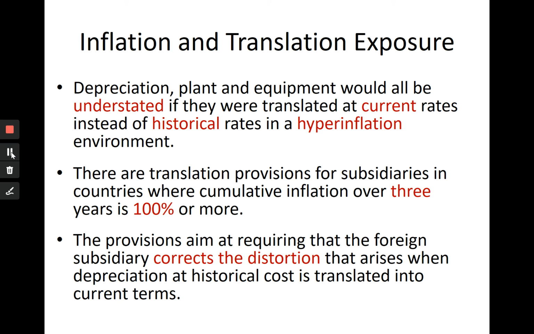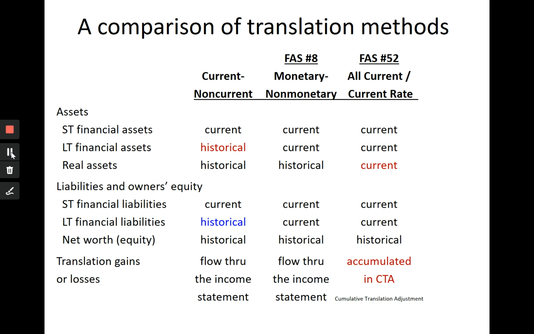and take care of the distortion that appears in the value of fixed assets if you translate them at the current exchange rate. The provisions aim at requiring that the foreign subsidiary corrects the distortion that arises when depreciation at historical cost is translated into historical terms. By that correction, we simply mean that if prices are doubled, we are allowed to double the value of the asset after we translate it at the current exchange rate, which is half price.